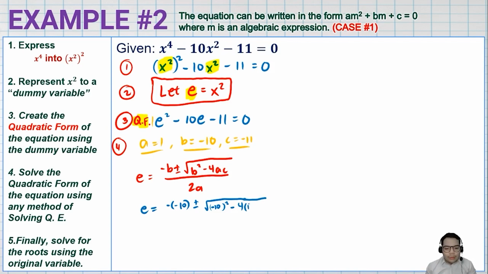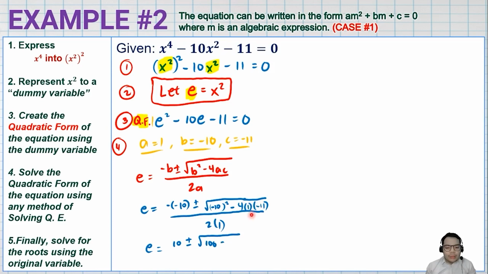So, 4 times 1 times negative 11, all over 2a. Palitan pala natin yung a ng 1, since a is equal to 1. Then, we further simplify this one. Yung negative of negative 10, gawin natin 10 na lang. Plus or minus the square root of, let's simplify negative 10 squared. So, we'll be having 100 minus 4.